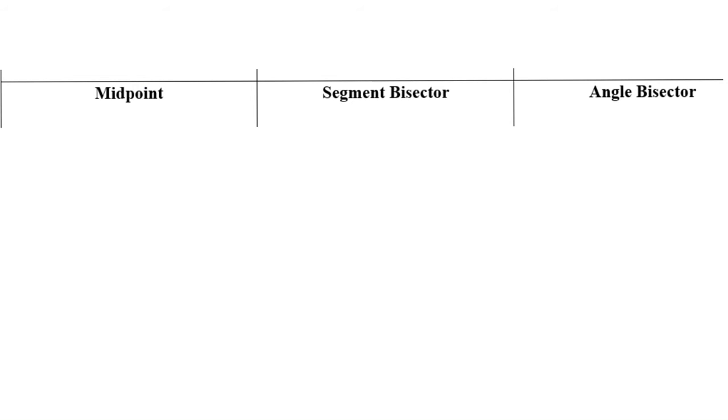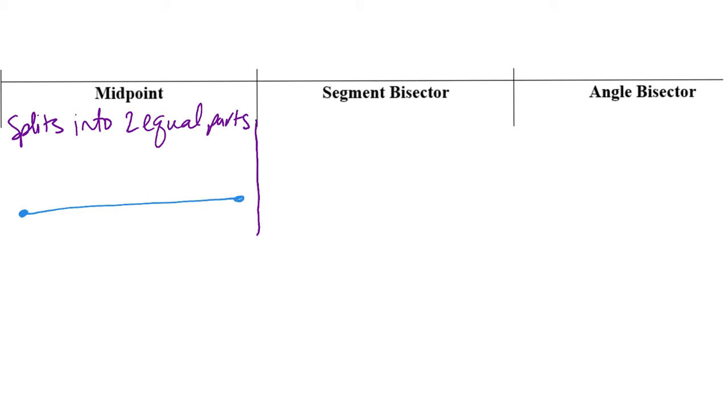Midpoint. This is something you've probably heard of before, but the formal definition is that it splits into two equal parts. And I know I'm not being specific about what it splits because it can be used for many things. So if I have a line segment, I've got line segment AB.